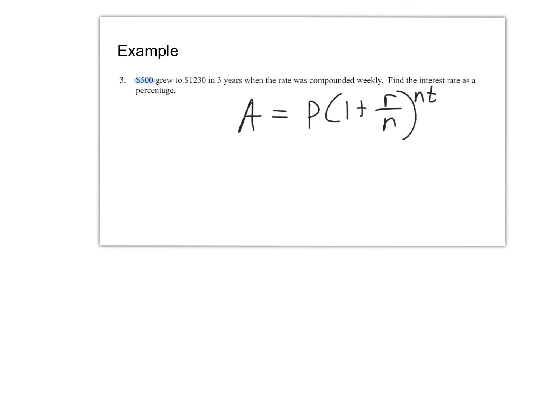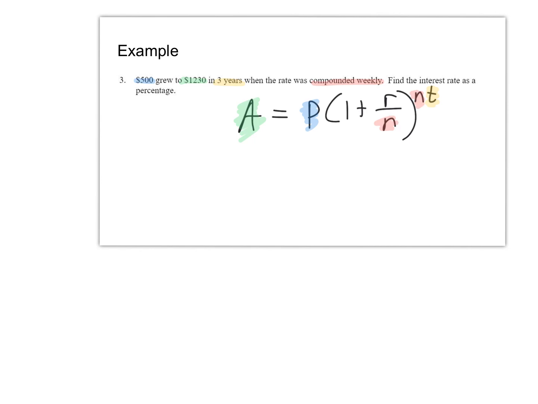All right, so let's start. 500 bucks, that is my starting principal. Grew to $1,230. That's how much is in the account afterwards, in 3 years' time. Time is 3. When the rate is compounded weekly, that's the number of times, and we're looking for the rate.